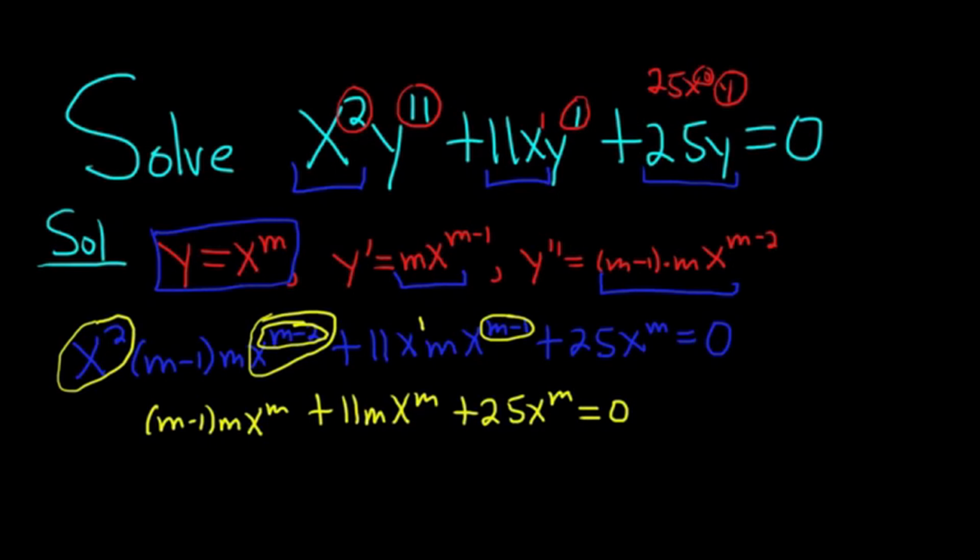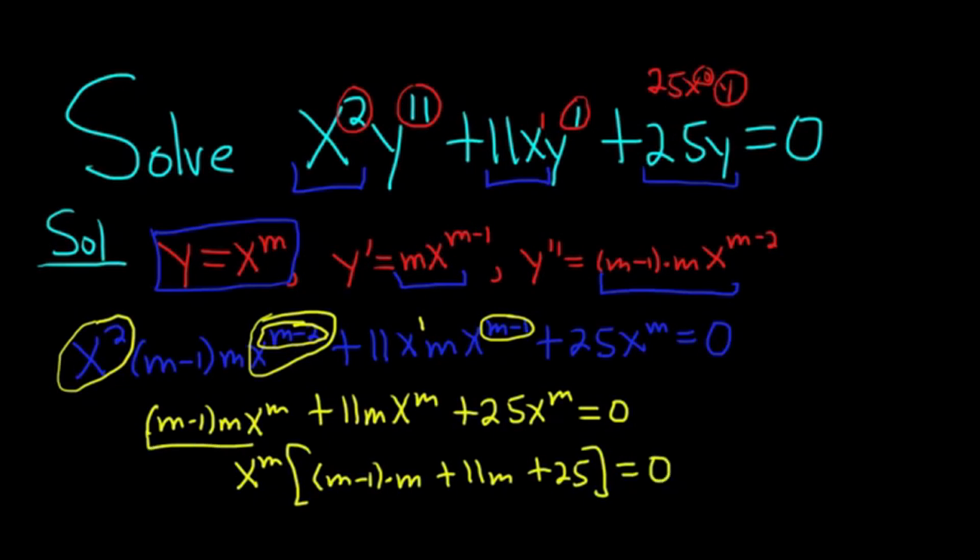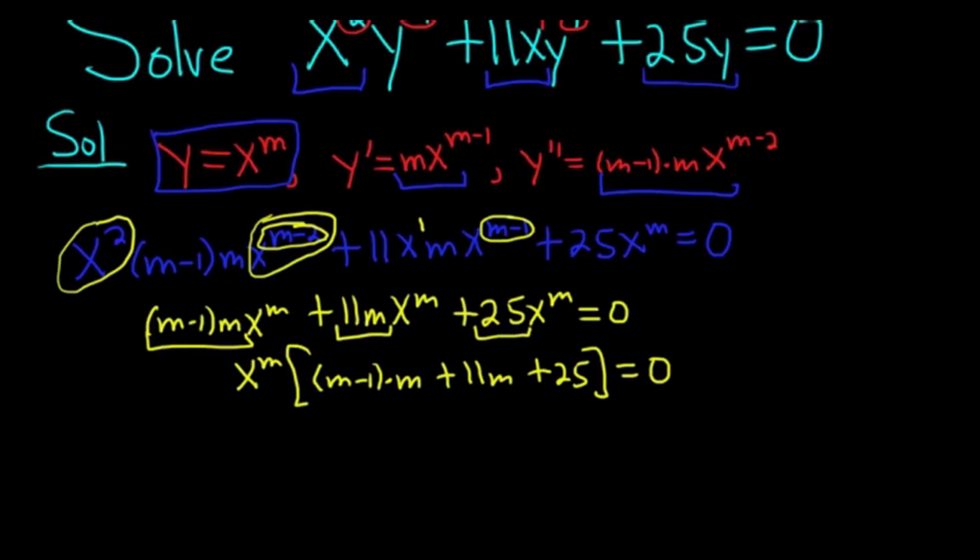Now we can factor out an x to the m. That leaves us with m minus 1 times m plus 11m plus 25. And that's all equal to 0, right? In the next step, we can divide by x to the m.